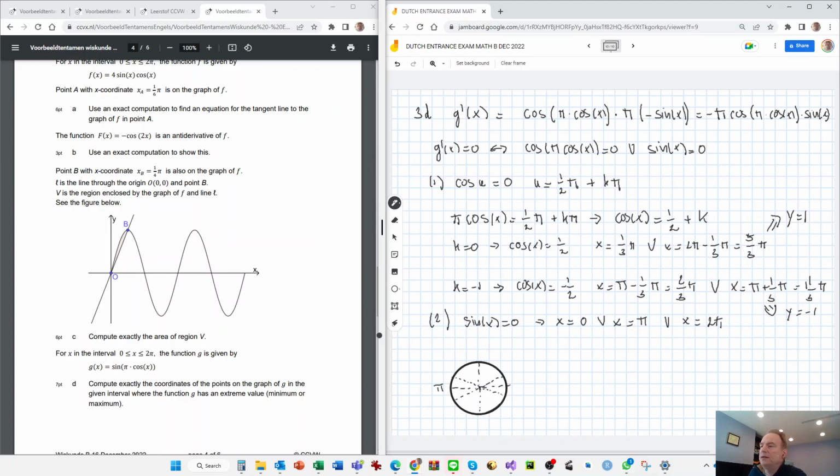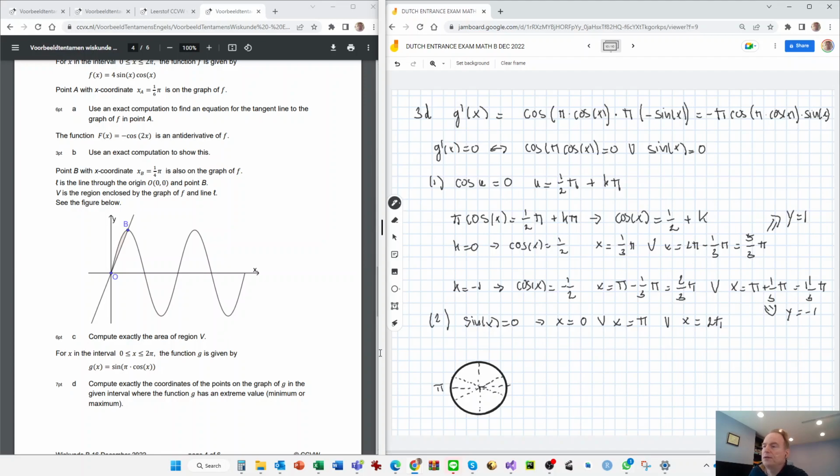And sine of x, if the sine of x is 0, that means the cosine of x... so if x is 0, just substitute x is 0, you get the cosine of 0 is 1.